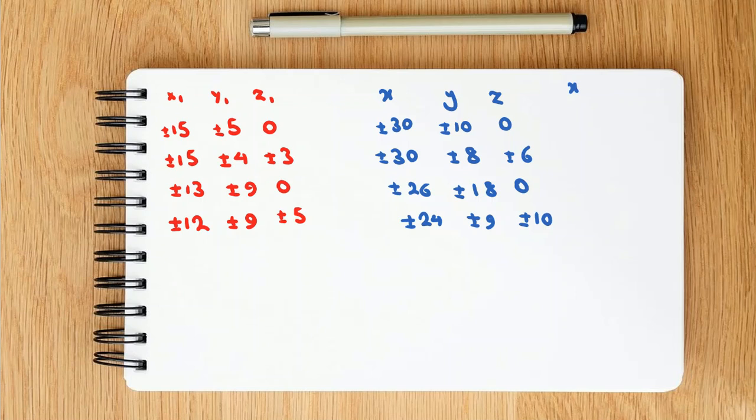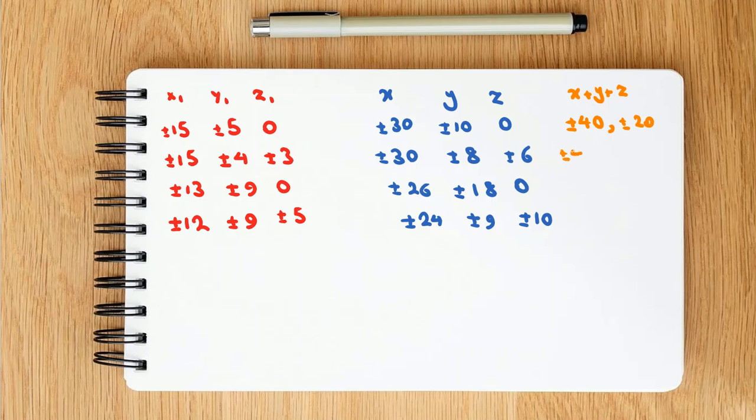Let me write x plus y plus z with another color. So look, for example, if I consider 30 plus 10, 40, when I write 40, if I negate all sides, I have also negative 40. 30 minus 10, 20, plus minus 20. Now, the next one. 30 plus 8, 38, plus 6, 44.